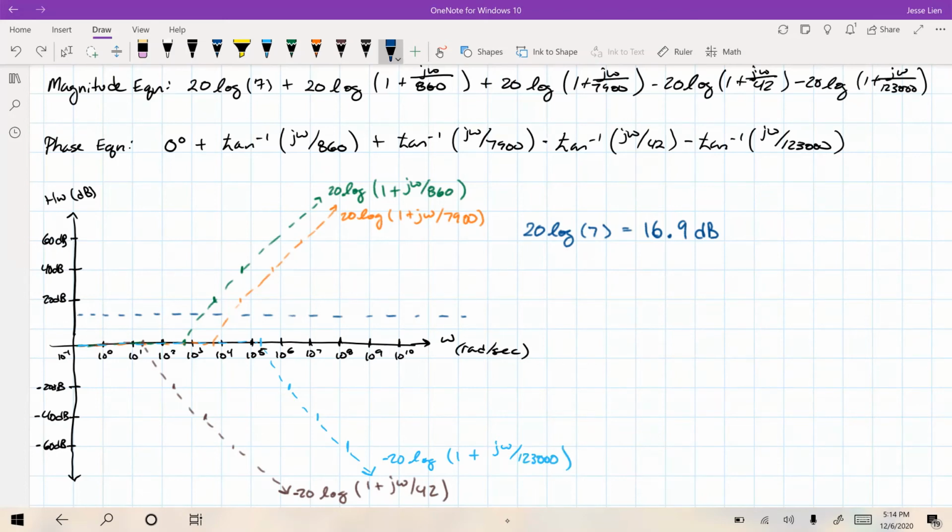After you've completed each term, you're now ready to compile your entire completed Bode plot. You'll do this by first starting at the constant value and moving across until you reach the radians per second of 42, and you'll then decrease by 20 decibels per decade up until the next change, which will be found at 860 radians per second.